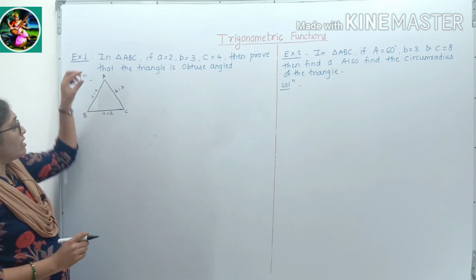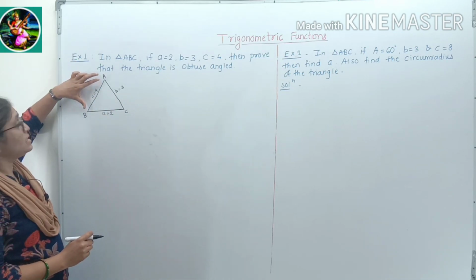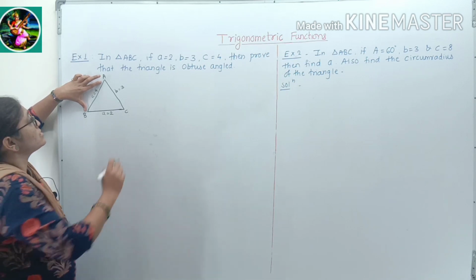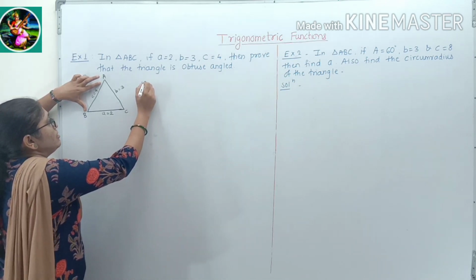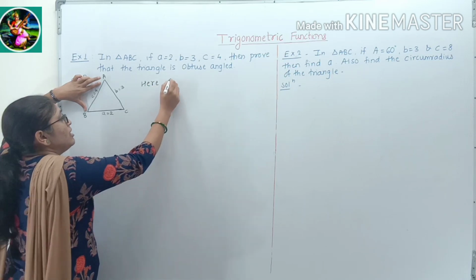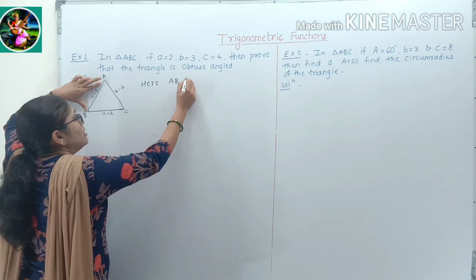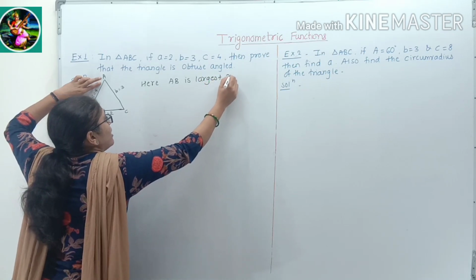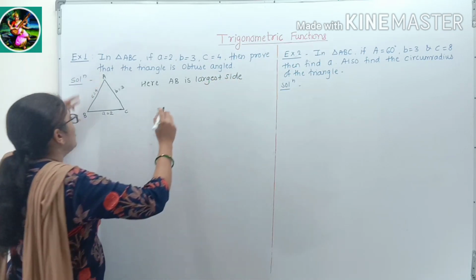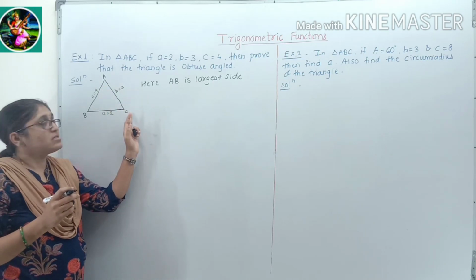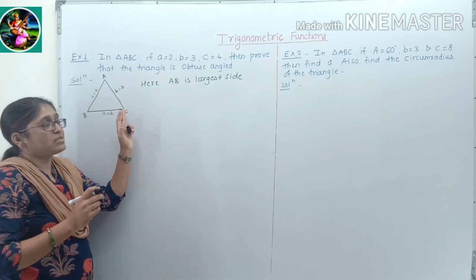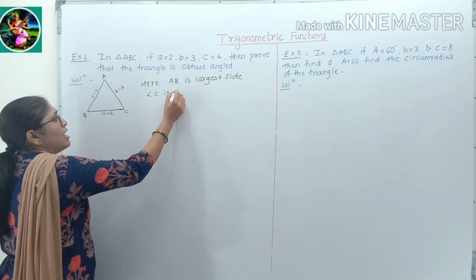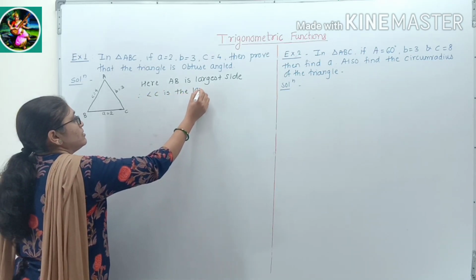Then the largest side is AB, and we know that the angle opposite to the largest side is the largest angle. Therefore, angle C is the largest angle.